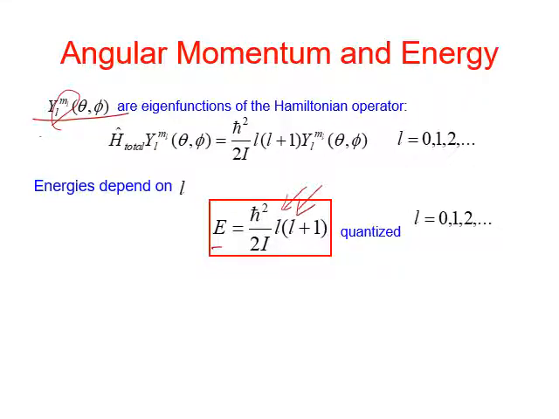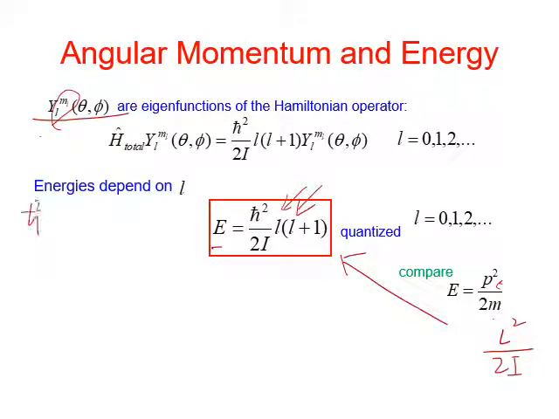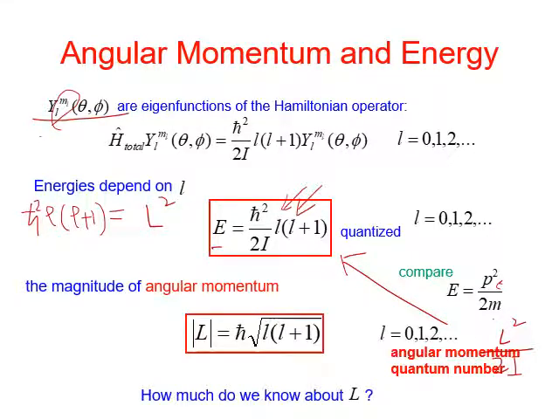Now we know that in linear motion, energy can be written as p squared divided by 2m, where p is the momentum. In rotation, we write it as L squared divided by 2I, and L is the angular momentum. So comparing these two equations, it suggests that h bar squared times l(l+1) might be related to L squared. It turns out that it is true that L in rigid rotor is calculated by h bar times the square root of l(l+1).